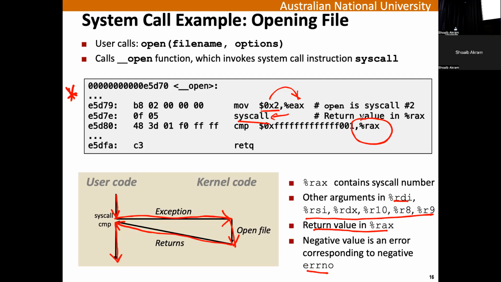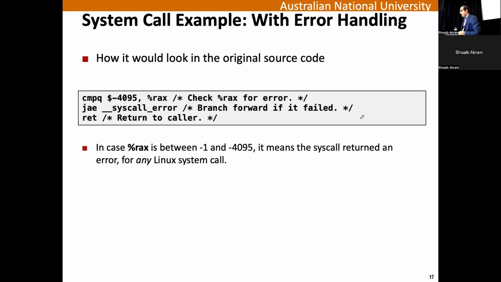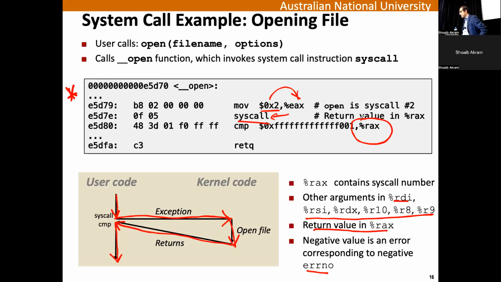Here, it's comparing it to -4095, that's Linux. If the return value is between -1 and -4095, it means there is an error. So the assembly code here is checking if the syscall handler did something that resulted in an error.